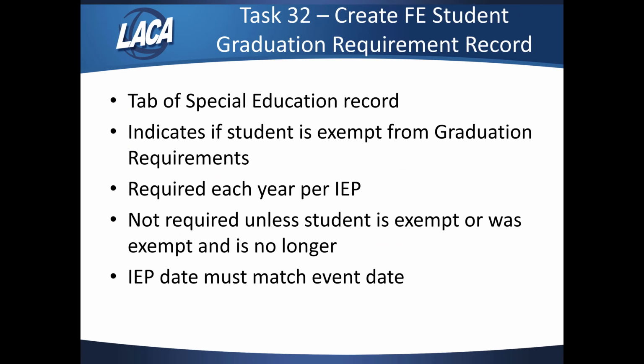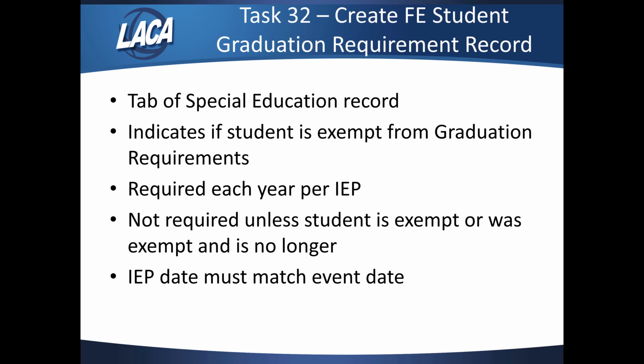Okay, task 32. Create the FE student graduation requirement record for your special ed students. Indicate if they're exempt from graduation requirement records. It's required each year per their IEP. The date on the FE record must match a valid IEP event date.